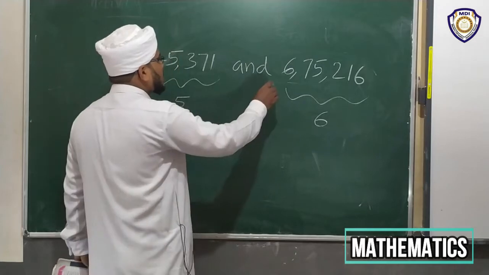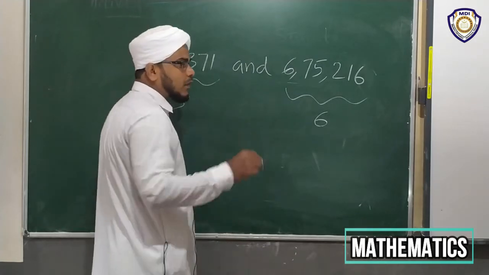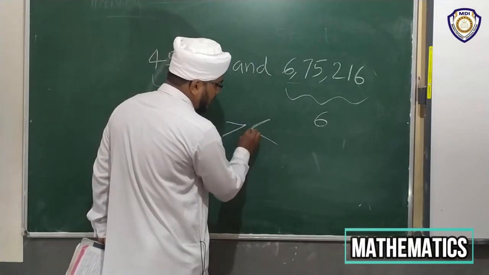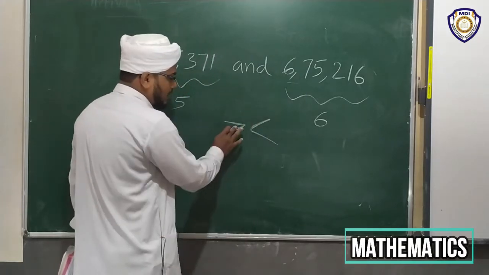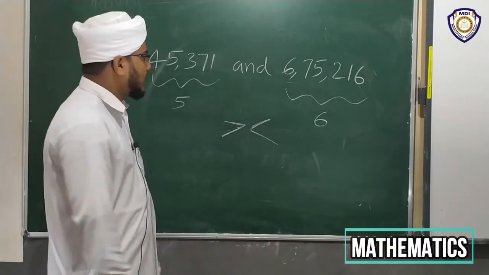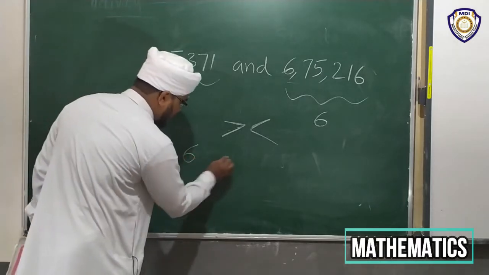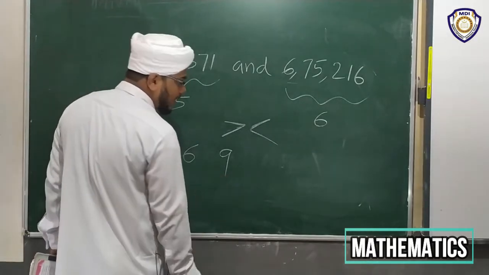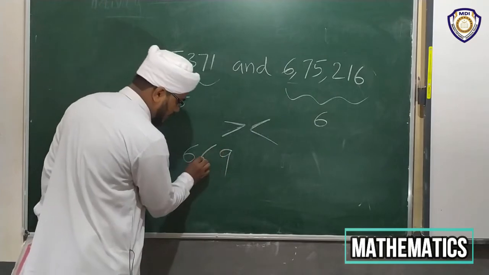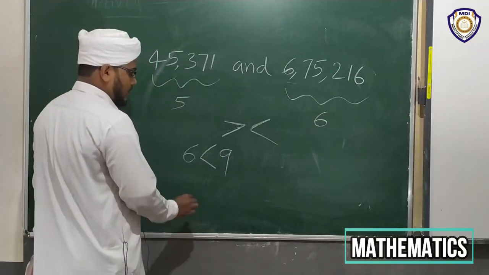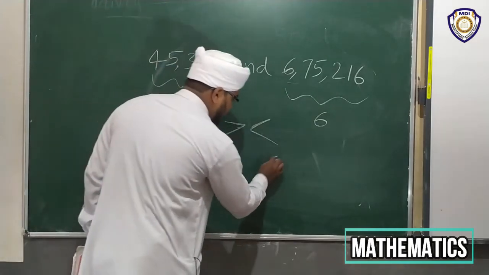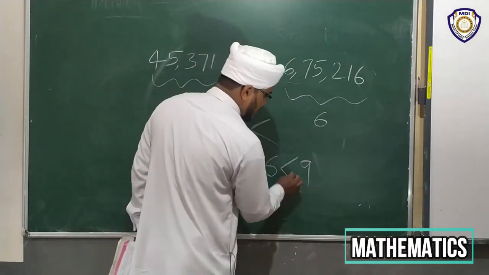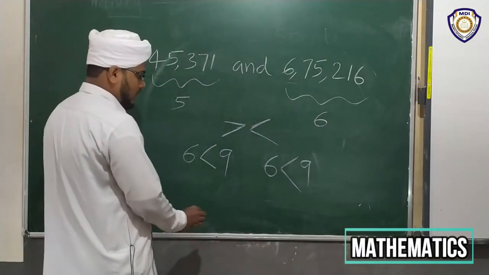How can we show larger or smaller? This sign is used for larger and smaller. Okay? Let us use it here. Which is the larger? Yes, 9 is larger. Then we can use this sign. If it is like this, then we use this.